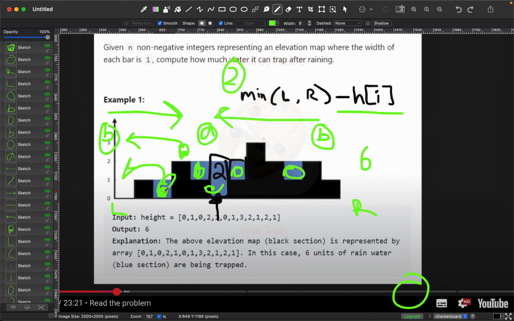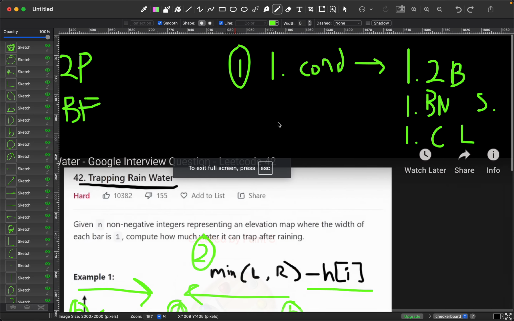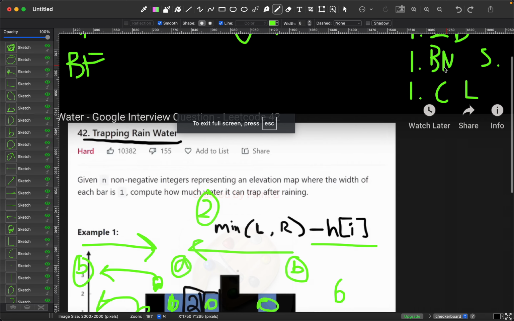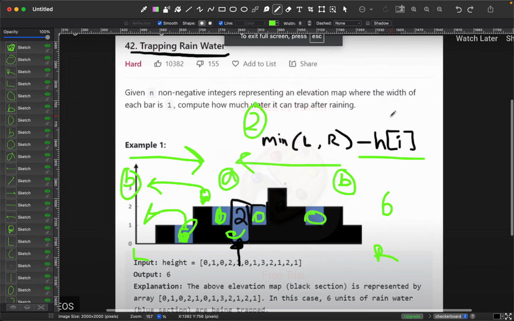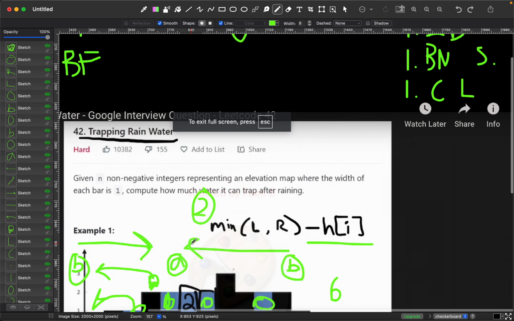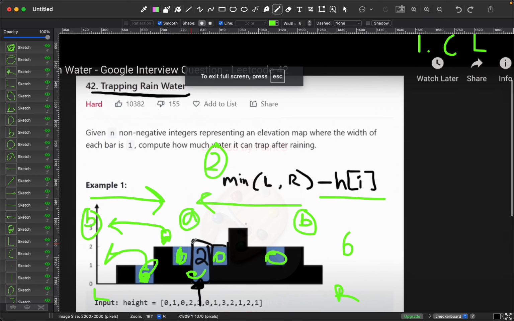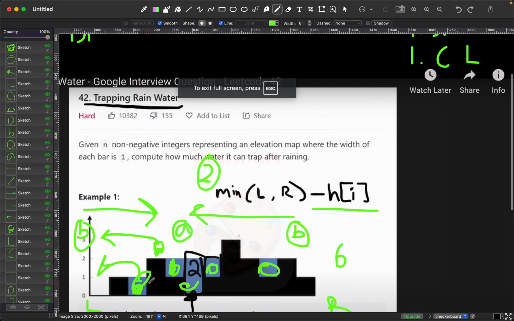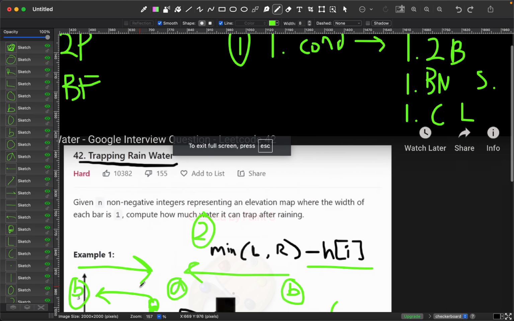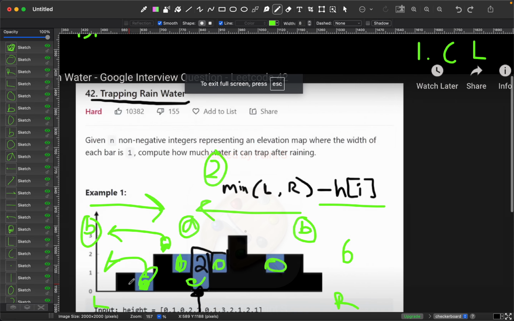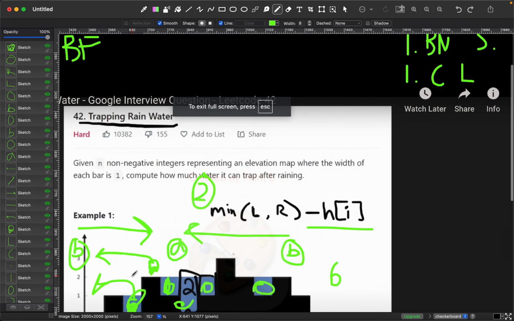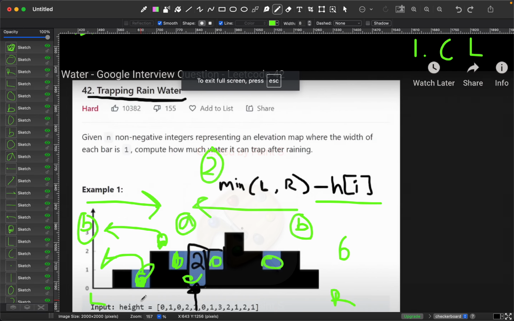Why can water be stored here this time? It's because we have both barriers at both sides, which fulfills the first criteria, and the height difference between our bottleneck short length and the current length has met the requirement, which states that between stage 1 and stage 2, first and foremost, the bottleneck shorter length of 1 is taller than our current length, which is 0.